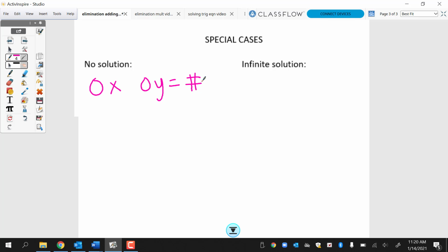If it adds up to a different number, like 7 or -5 or something else, okay? If you end up with 0x, 0y, and some other number, that means it's no solution. And our infinite solution is going to be, well, when it adds up to 0x and 0y, and the naked numbers add up to 0. If you get 0 for everything, then it's going to be infinite solution.